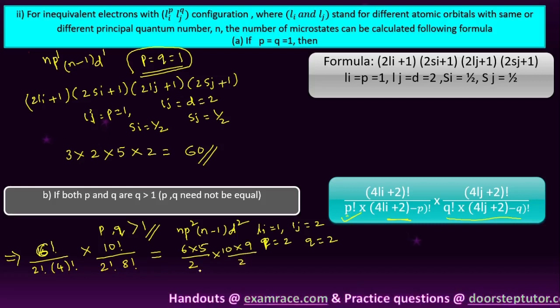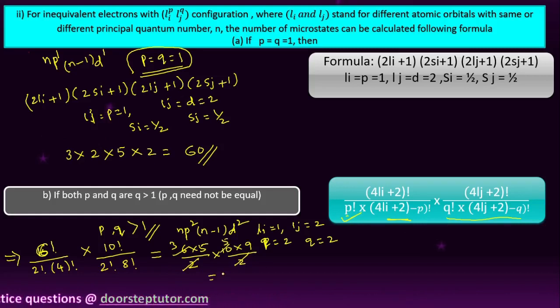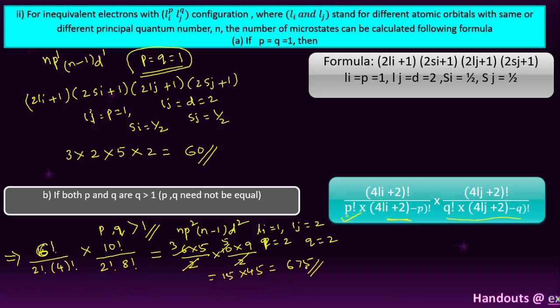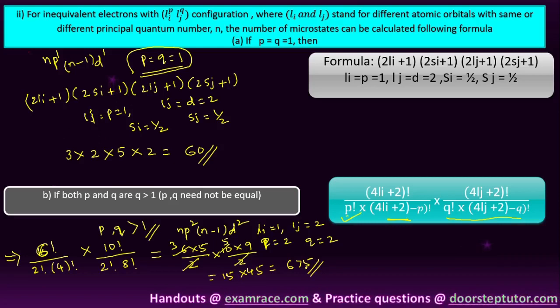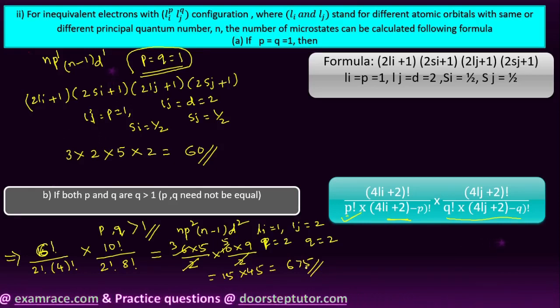Two ones are 2, two threes are 6, and two ones are 2, two fives are 10. So it is equal to 15 into 45. That gives 675 microstates. The np2 (n-1)d2 type of configuration will give 675 microstates.